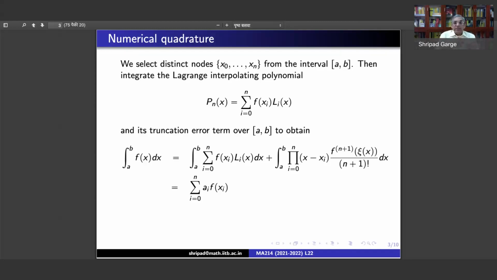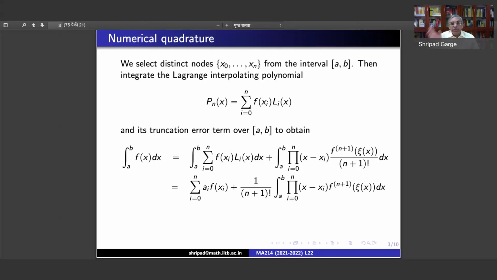What we would do is switch the integral sign and the summation. Once you have taken the integral sign inside, it's the summation i going from 0 to n, integral a to b of f(xi) Li(x) dx. Now this f(xi) is a constant as far as the integral is concerned, so that comes out, and what you have is integral a to b of Li(x) dx. Okay, so that is computable and that is going to be called ai.